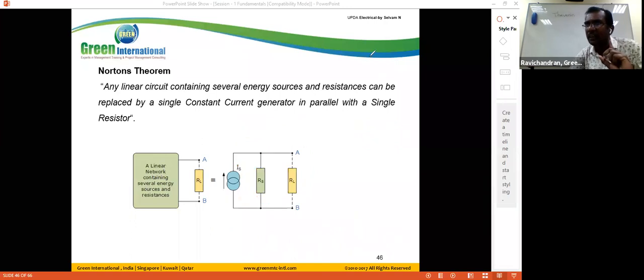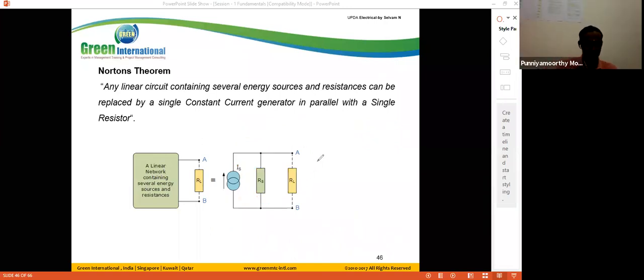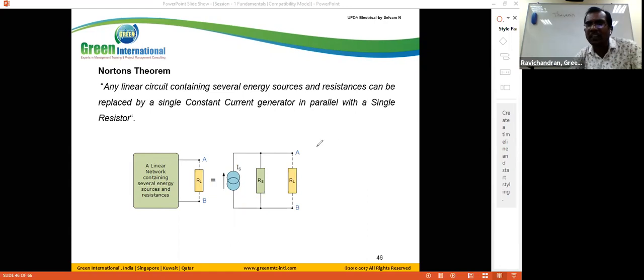Now I ask one question to everyone. What is the load current from this circuit? Here we have IS. What is the formula? Here, this is the total current, IS. We have 2 resistances, so apply the current division rule. Our objective is to find this current, IL.